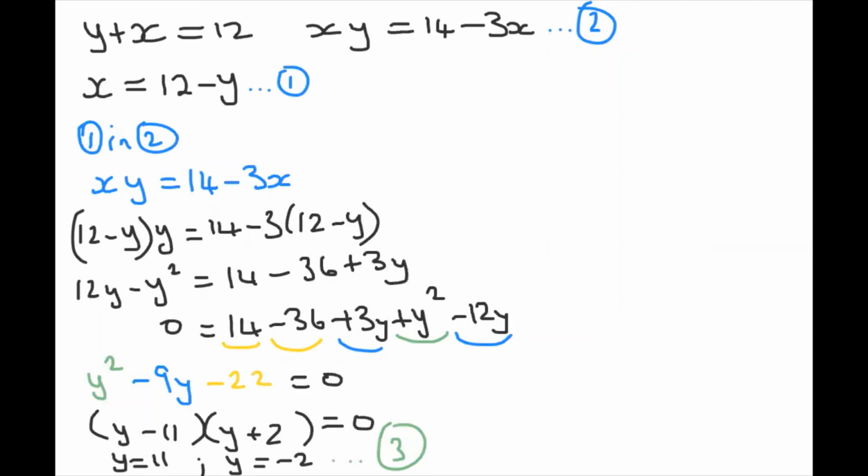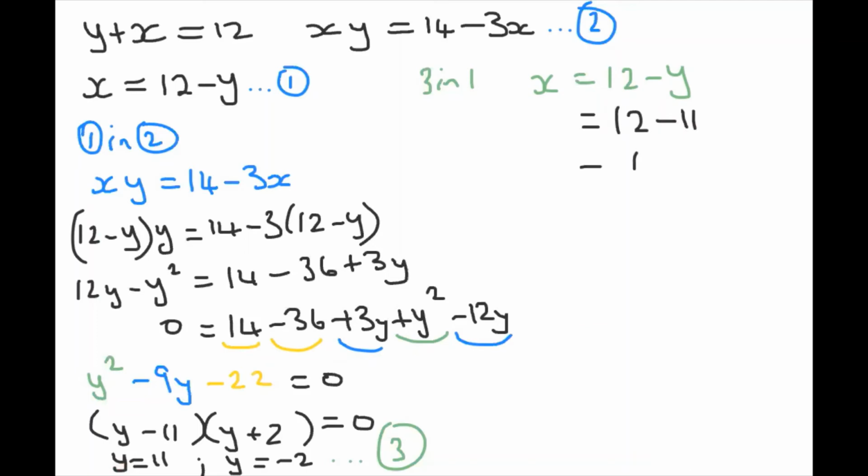Now I'm going to put both of these in. Let's start with y equals 11. I'm going to put 3 into 1. Equation 1 is x equals 12 minus y. Now I'm going to substitute y equals 11, so wherever I see a y, I put 11.